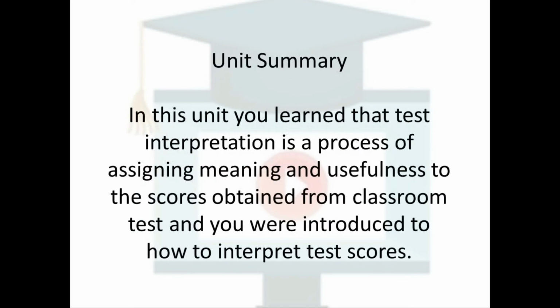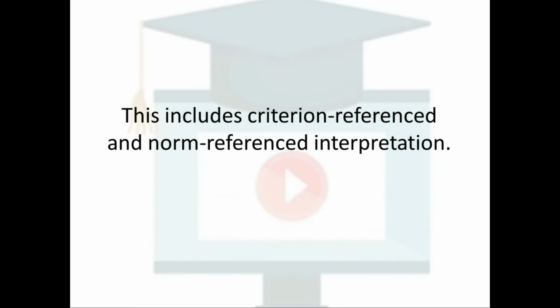Unit summary. In this unit you learned that test interpretation is a process of assigning meaning and usefulness to the scores obtained from classroom tests, and you were introduced to how to interpret test scores. This includes criterion-referenced and norm-referenced interpretation.